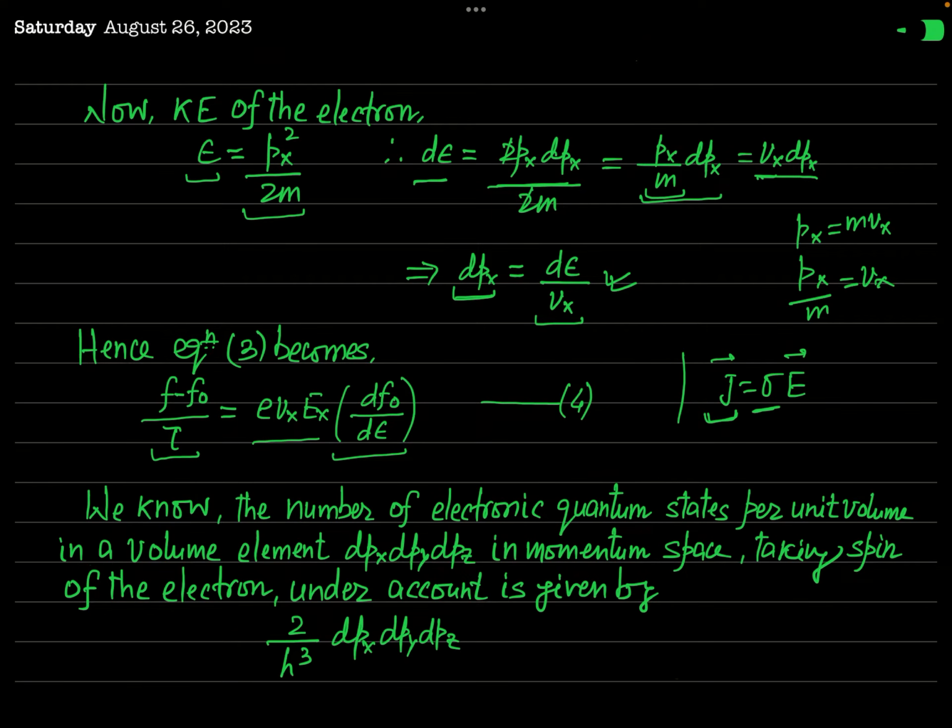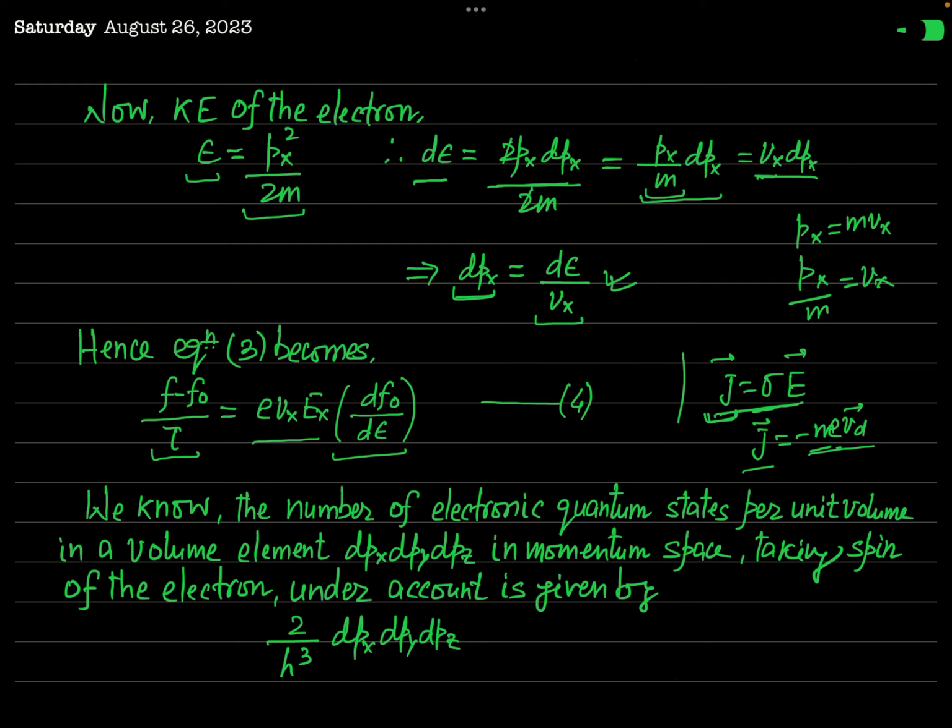Current density is obtained by using the relation J equals minus n e Vd. Here n is the number of electrons per unit volume taking part in conduction, e is the electronic charge, and Vd is the drift velocity. So you have to find sigma, and for that you use this form of Ohm's law, and you can find the same J using the formula minus n e into Vd.